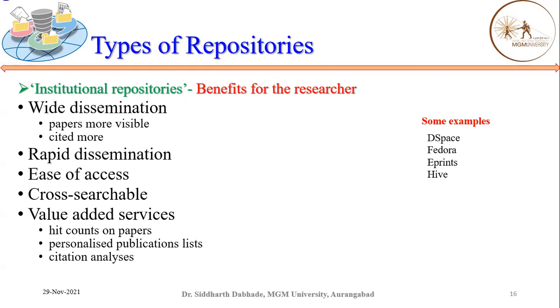It is a value added service. If the number of hit counters on your website increases, your website will pop up earlier, so the institution will become very famous. It is based upon the hit counters of the papers, hit counters of the publications, and citation analysis.